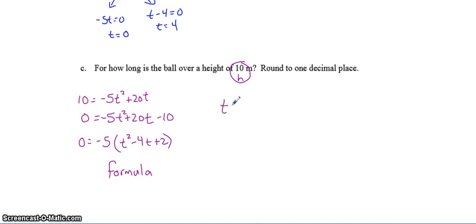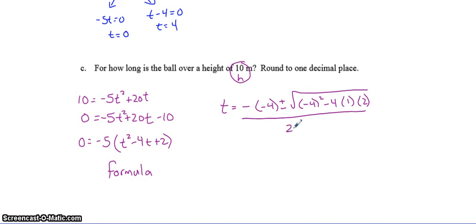So t equals negative b plus or minus square root of b squared minus 4 times a times c all over 2 times a. Again, you might have used the 20 here and the negative 5 for a and the negative 10 for c.